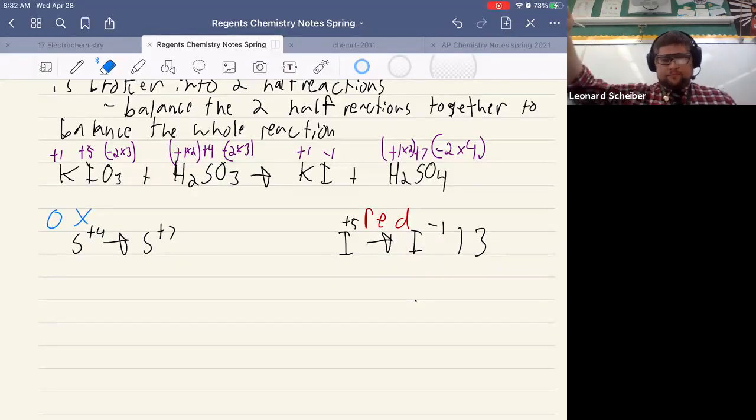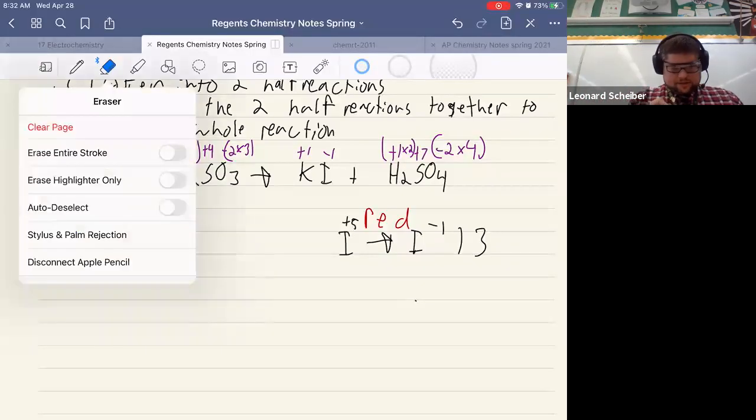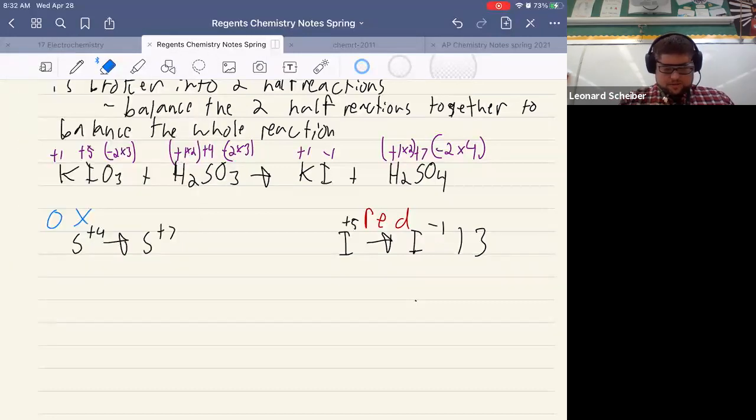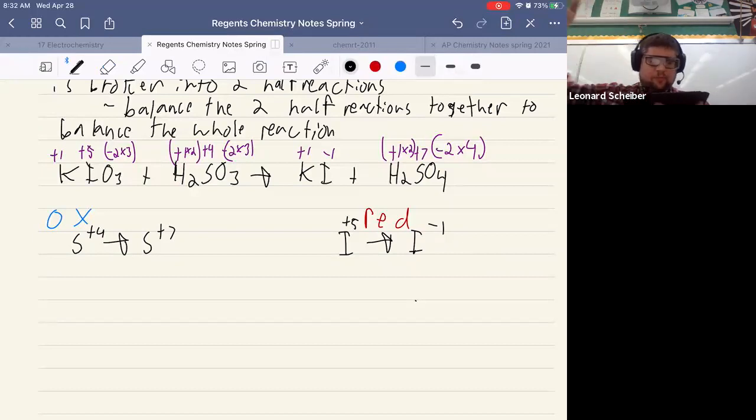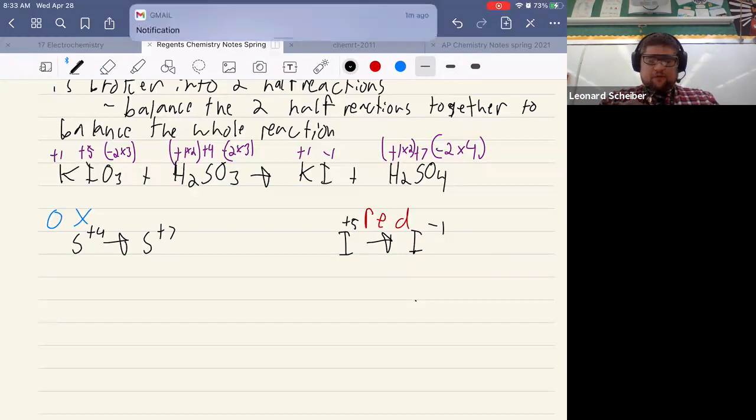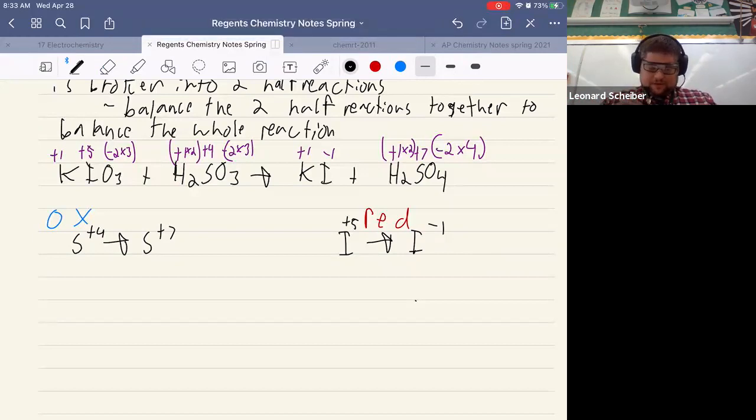Sorry about that. Let's try this again. Okay, so here are our oxidation half reactions, right? And we need to balance them by electrons, making sure that the electrons on one side of the reaction are equal to the electrons on the other side. So we see that in our oxidation half, we have a +4 in the reactants and a +7 in the products.